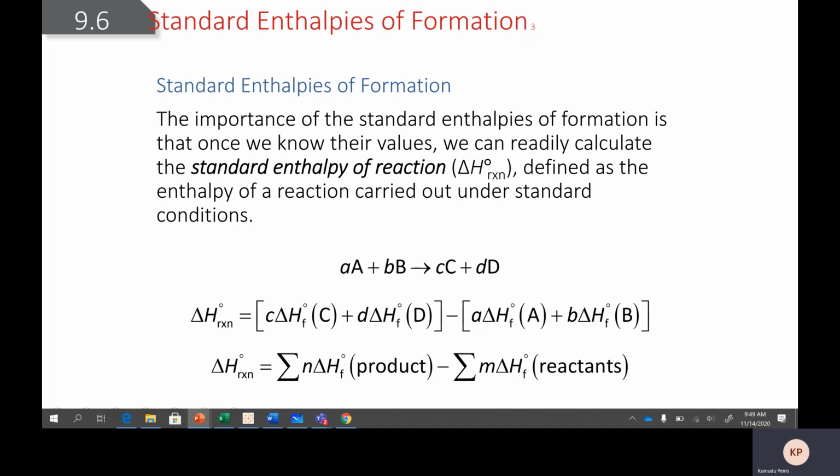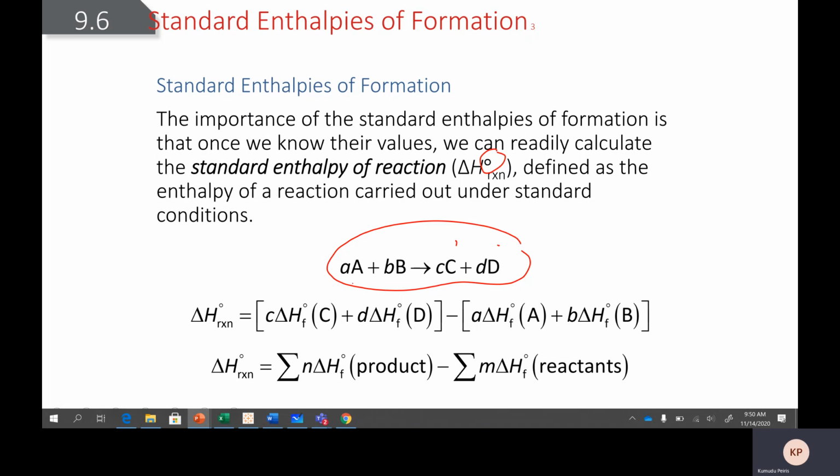the standard conditions will always be symbolized by this superscripted naught. So the delta H naught reaction, the standard enthalpy of reaction for this reaction, can be numerically explained as the standard enthalpies of the products minus the standard enthalpies of the reactants.